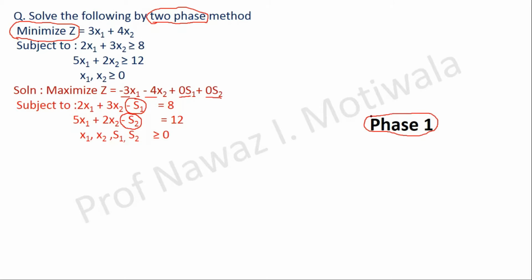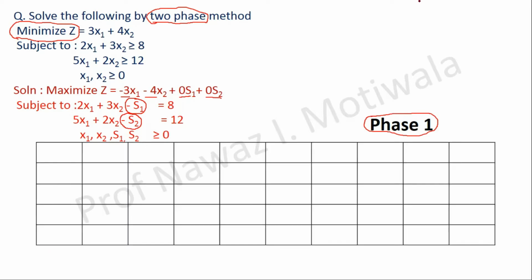So we will draw our table as we used to draw in previous problems. The variables are x1, x2, s1, s2 and b. Now writing the coefficients from the equations, I get 2, 3, -1, 0, 8, and 5, 2, 0, -1 and 12. So I have put all the coefficients from the equations which were given to us.